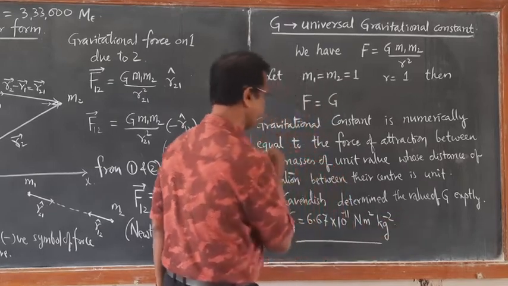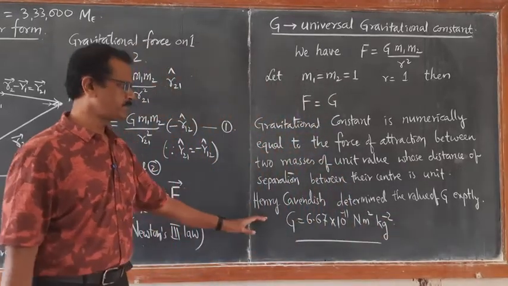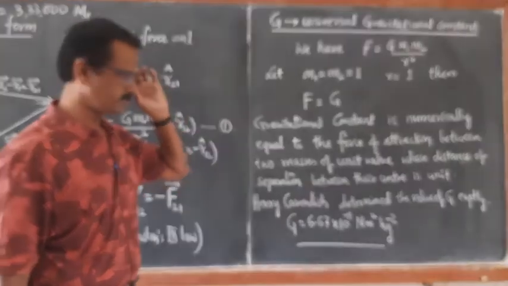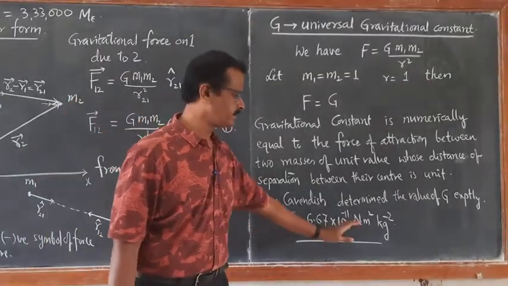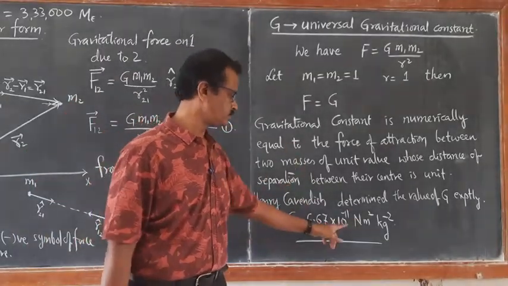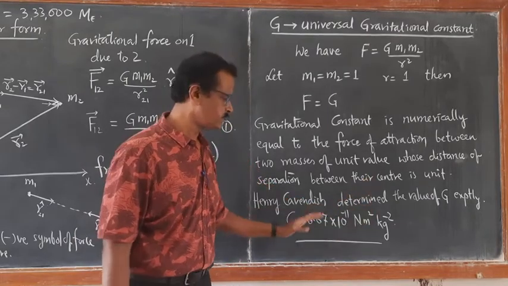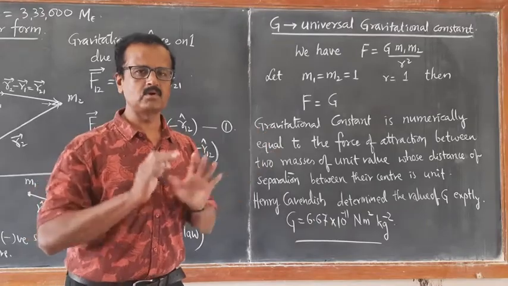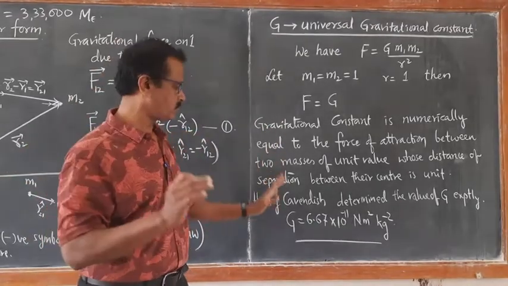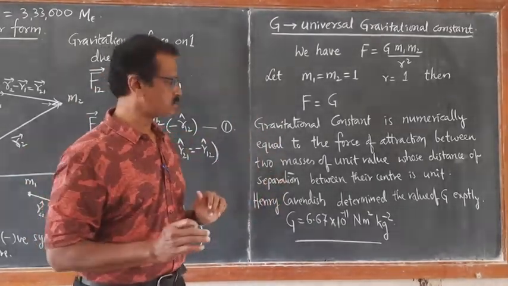Right? That experimental study is not there in your syllabus. So directly we take the value 6.67 into 10 to the power of minus 11 Newton meter square per kg square. This value remains the same, constant throughout the universe. Therefore, it is called universal gravitational constant.